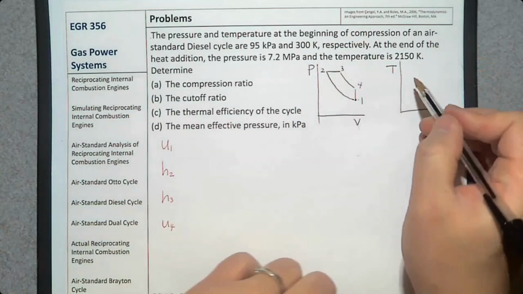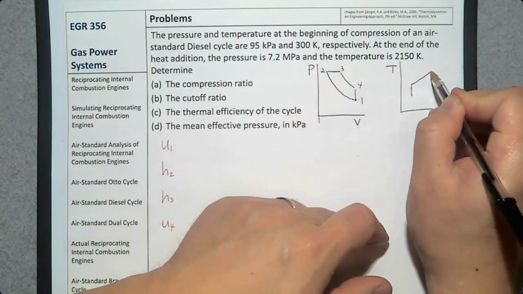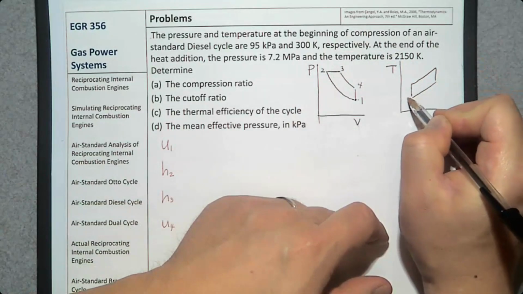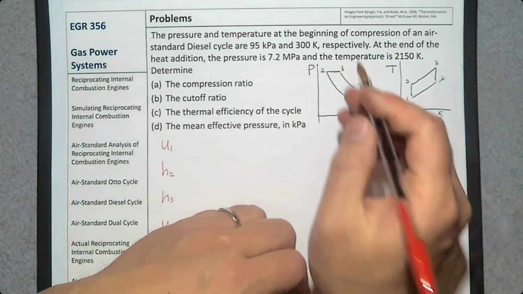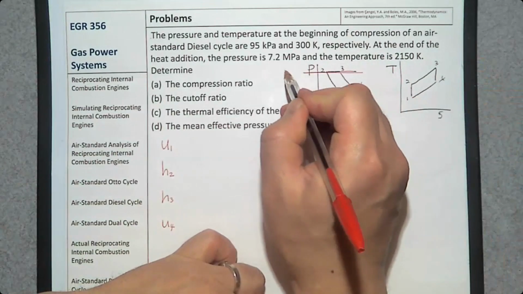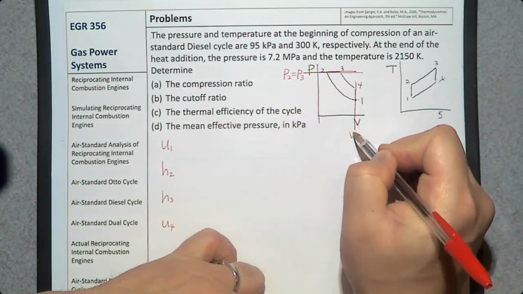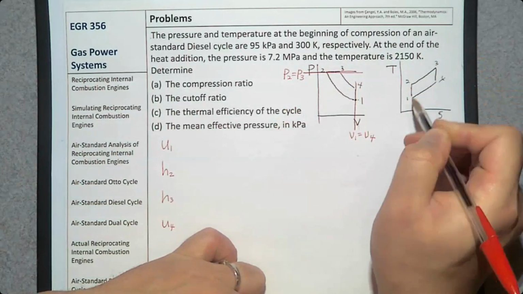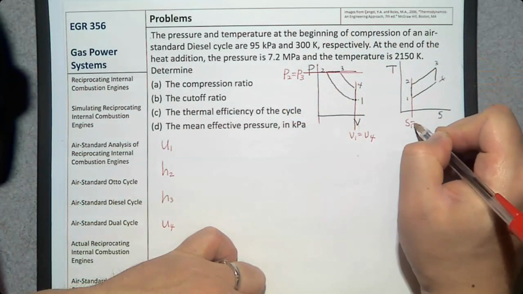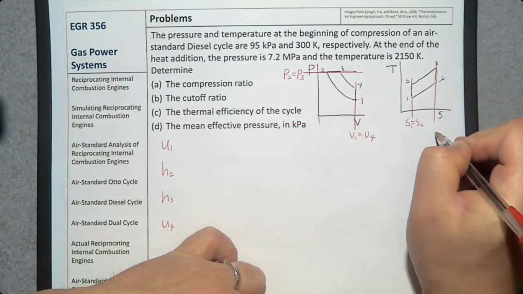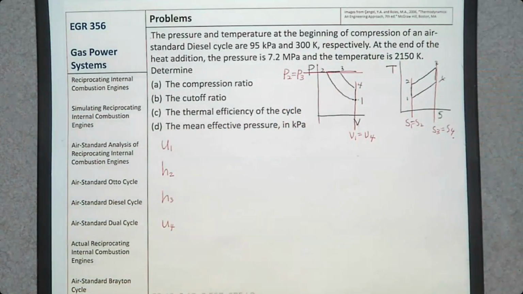So we have the TV diagram and the TS diagram. This one is a constant pressure process, so P2 is the same as P3. V1 is the same as V4. S1 is the same as S2. S3 is the same as S4. Okay, so let's find them.